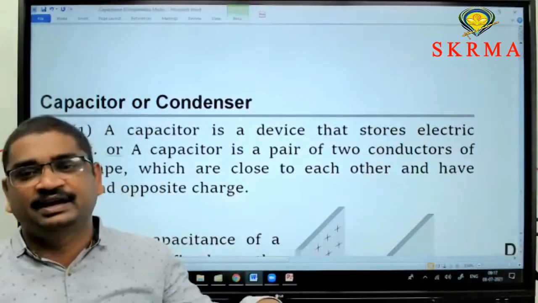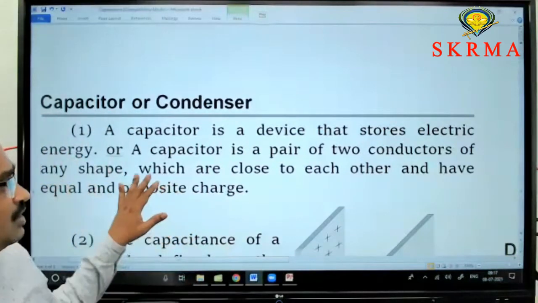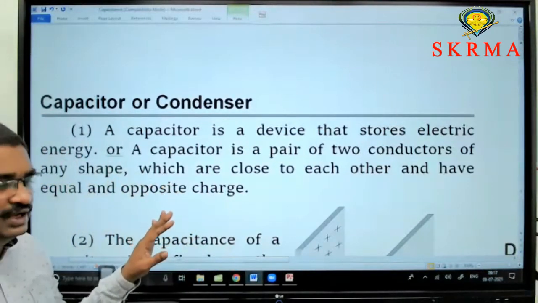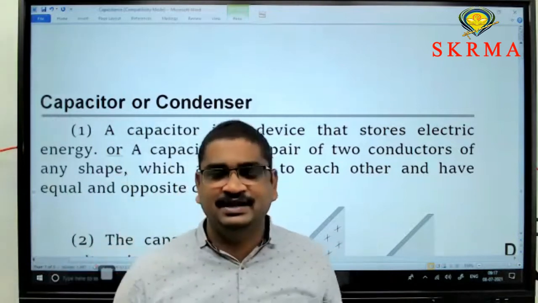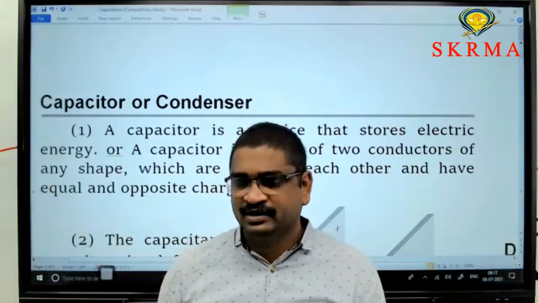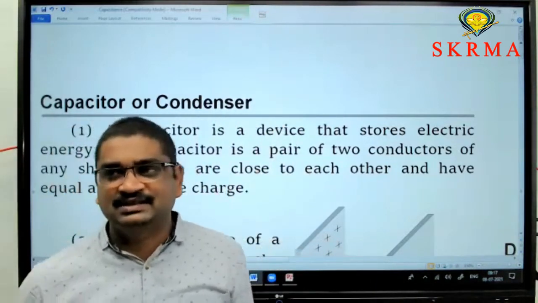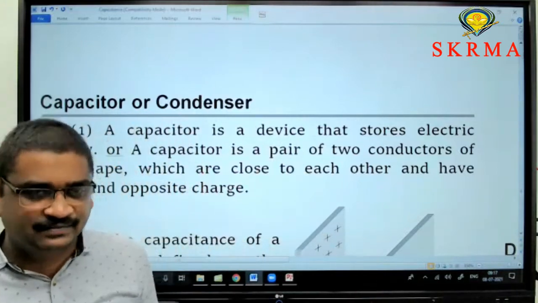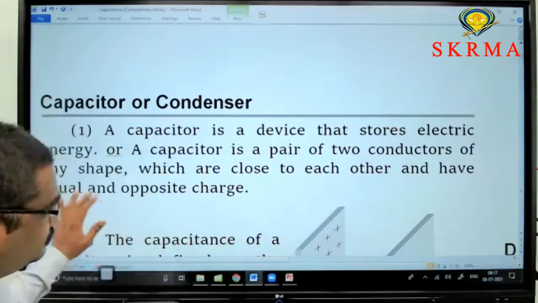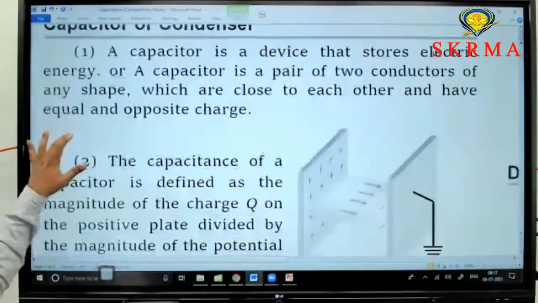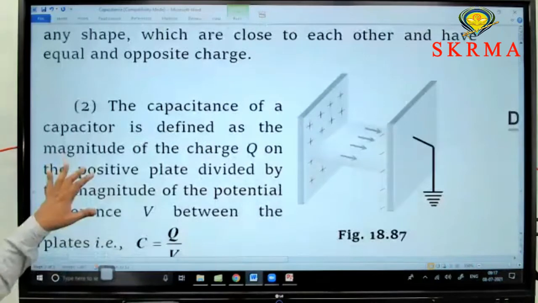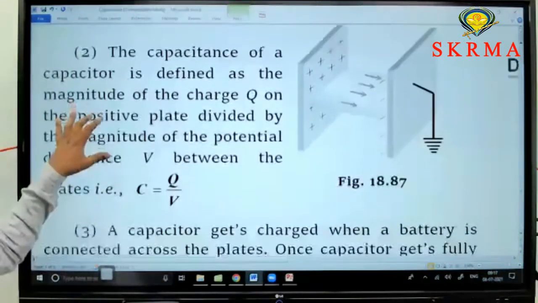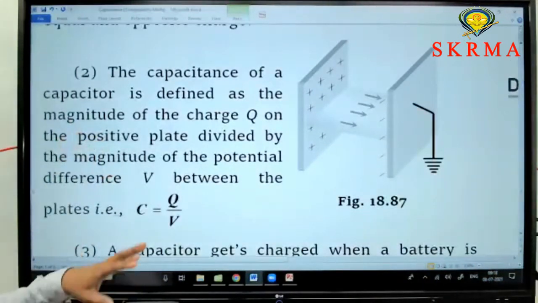It is a device that stores electrical energy. On each plate, exactly opposite charges will appear.